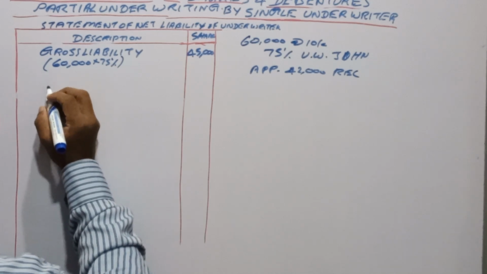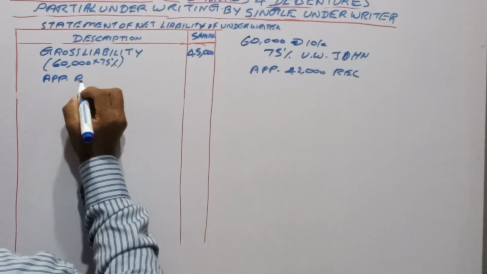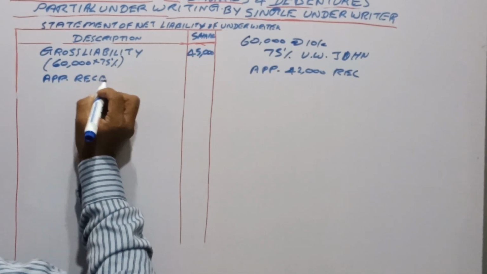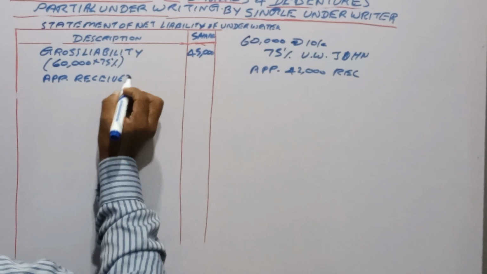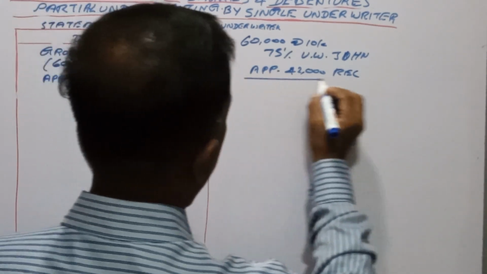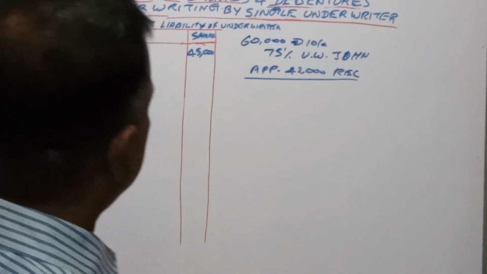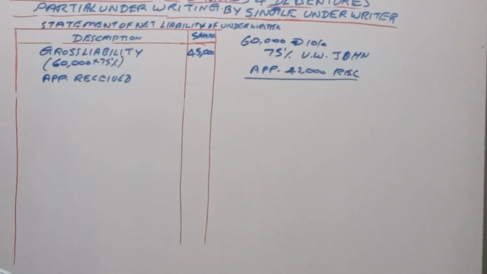The applications received are 42,000. We have received 42,000 applications. So how much is apportioned to the underwriter?